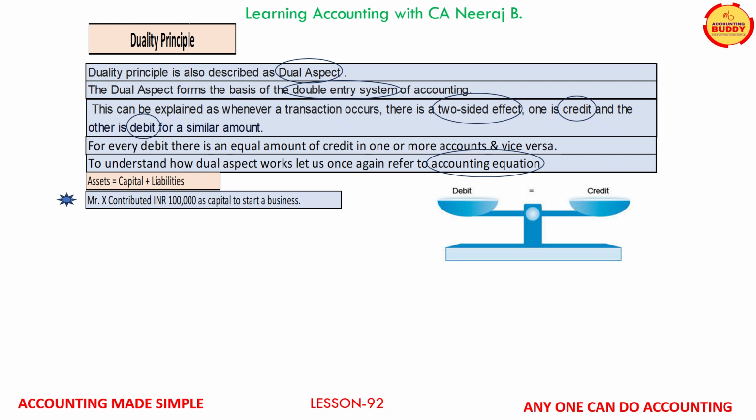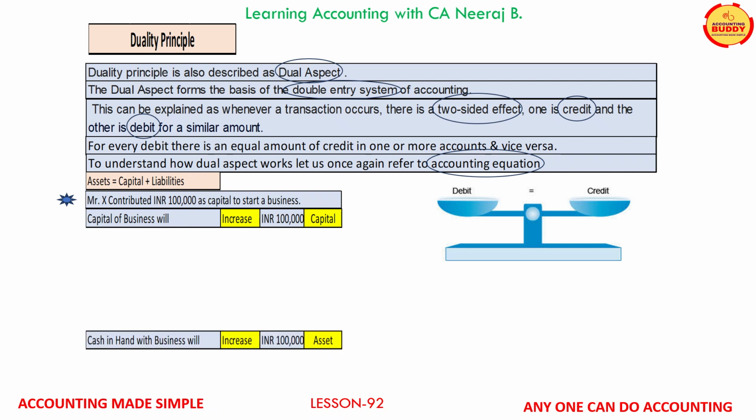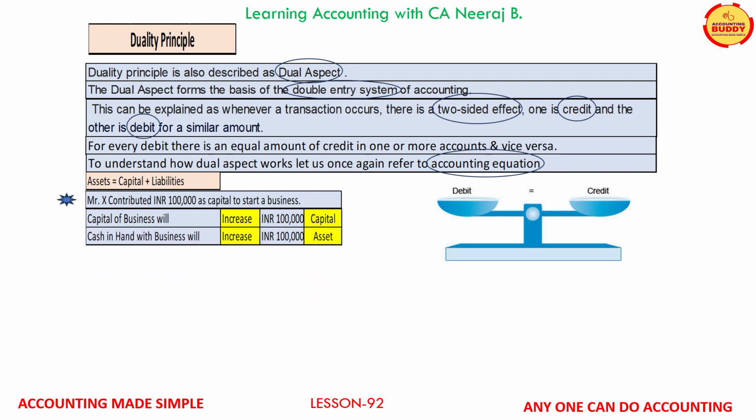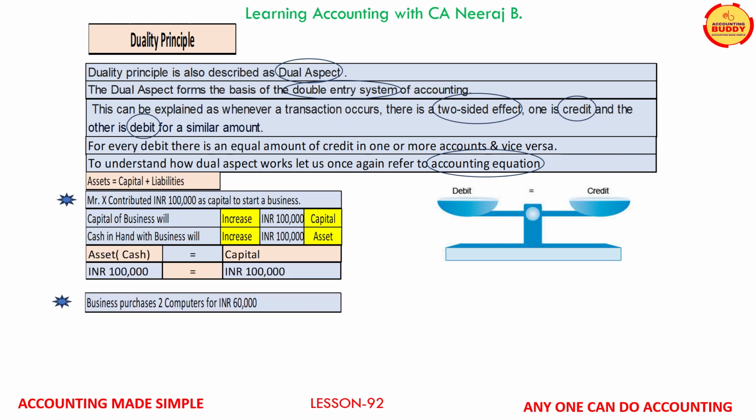If we analyze this transaction, capital of the business will increase by INR 100,000 and the cash, which is an asset, will also increase by the same amount of INR 100,000. At this stage, since there is no liability, the accounting equation will look like cash, which is an asset, is equal to the capital.